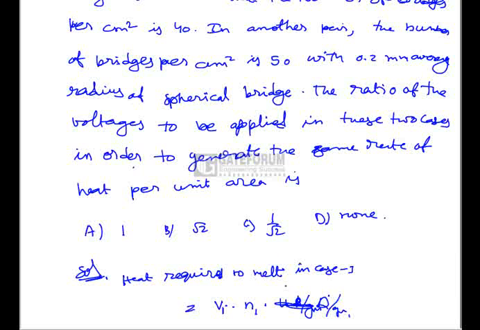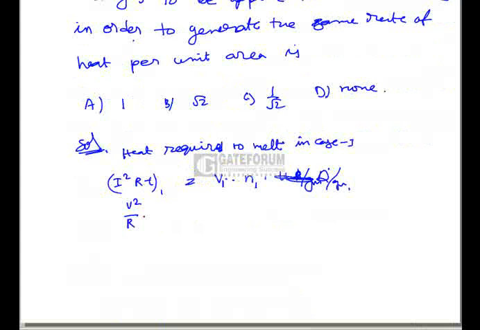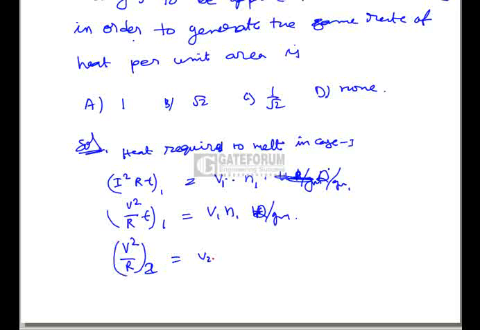But here the heat required to melt is given by I square R T, or we can write it as V square by R T, which is equal to V1 N1 and Q per gram. In the second case also we get the same equation, it is equal to V2 into N2 into heat per gram.